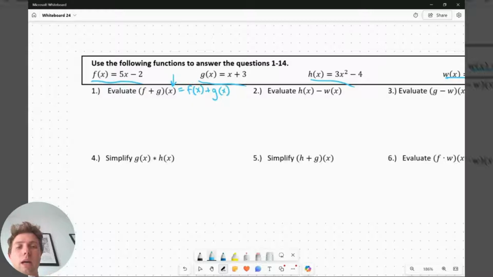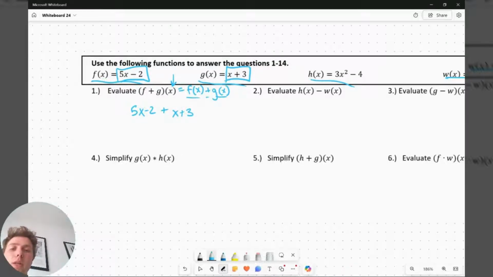I always rewrite it because now it's a lot more straightforward of what this actually means. Because now all I need to do is take f of x and add that with g of x. Well, I know my f of x function, which is 5x minus 2. I know that I want to add to that, and I want to add with that g of x, which is x plus 3.